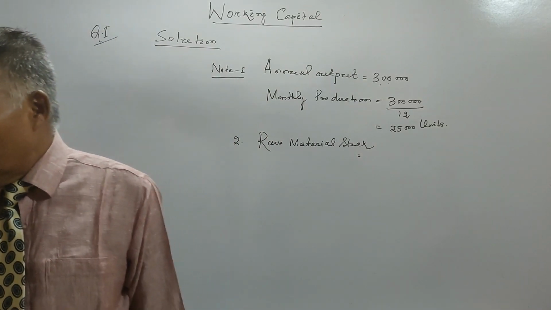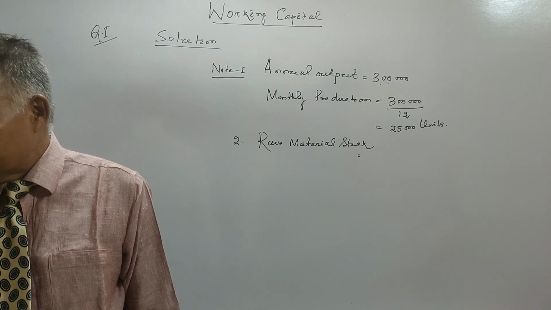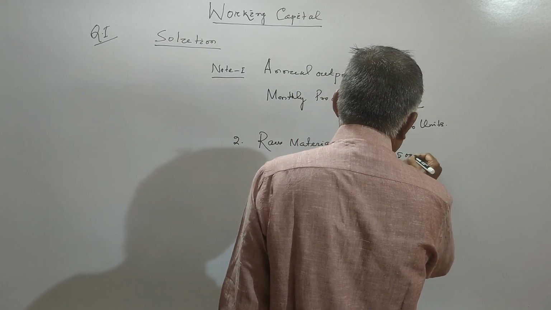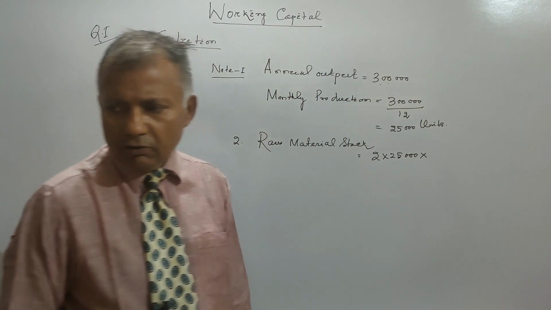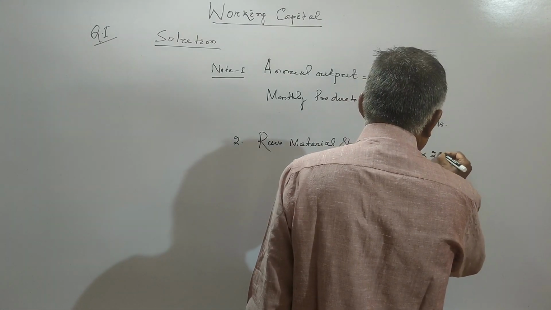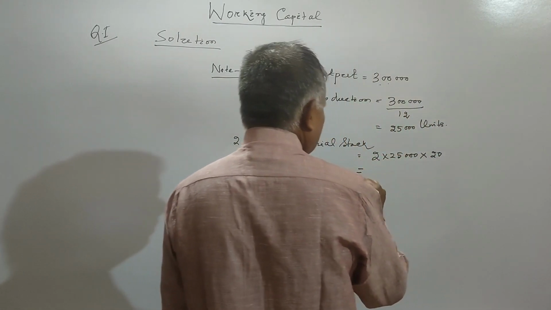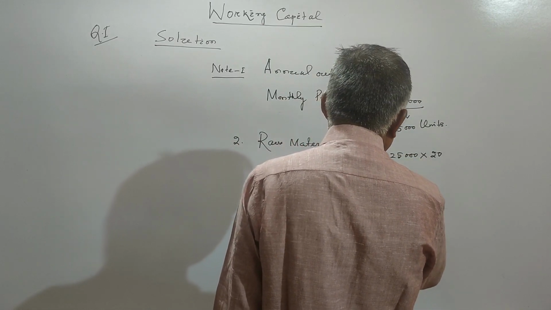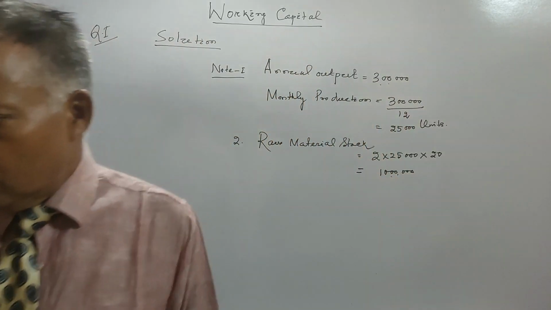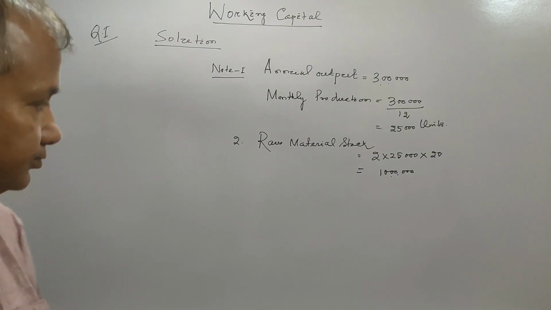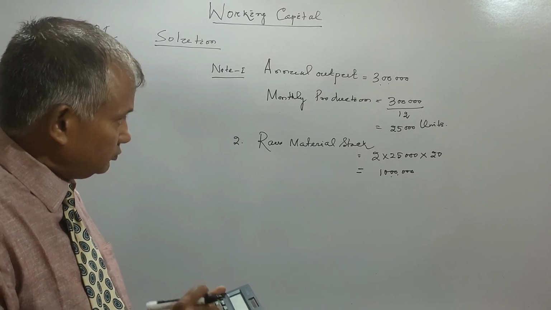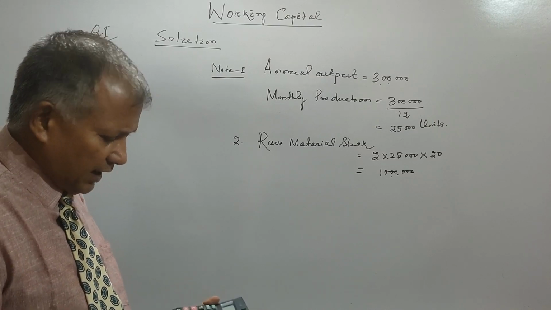On an average 2 months, so we have to take 2 into 25,000 into the raw material per unit rupees 20, it comes to 10 lakhs.